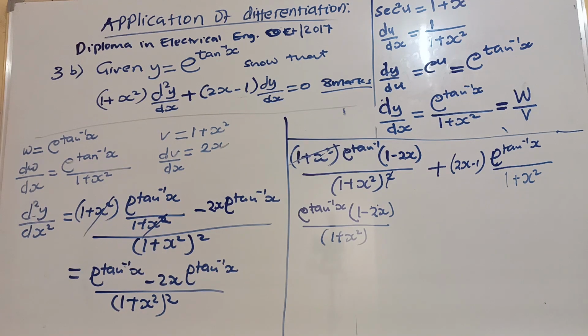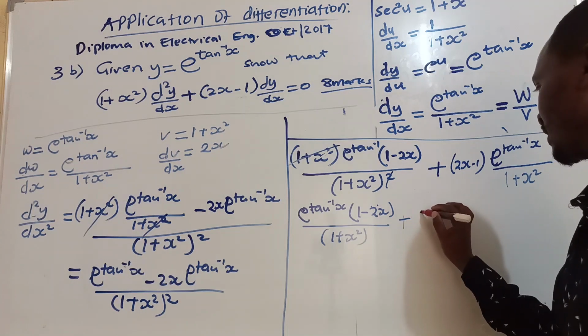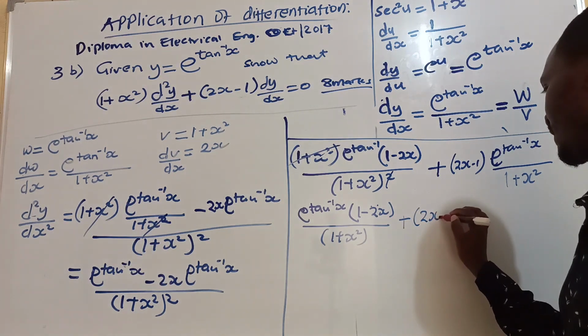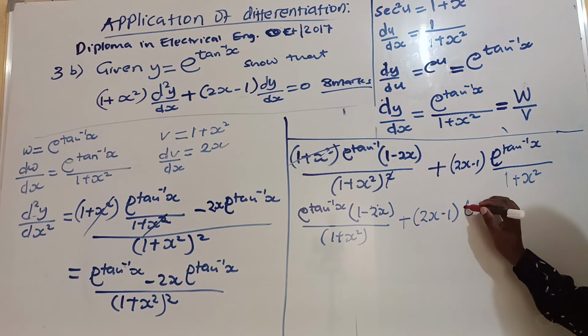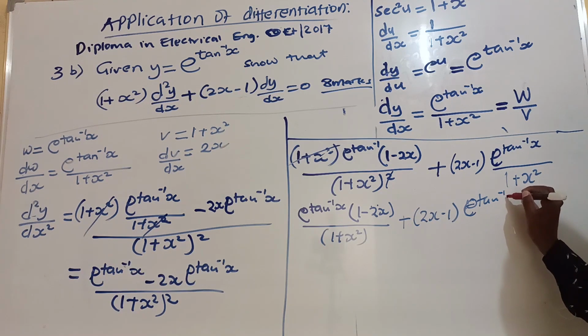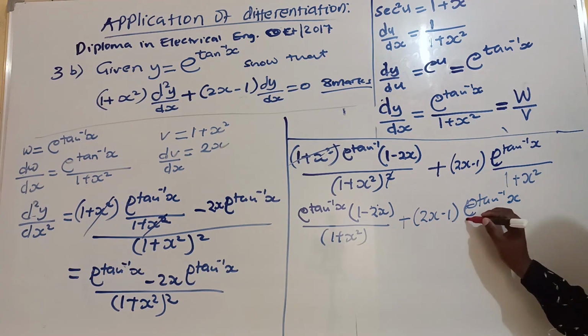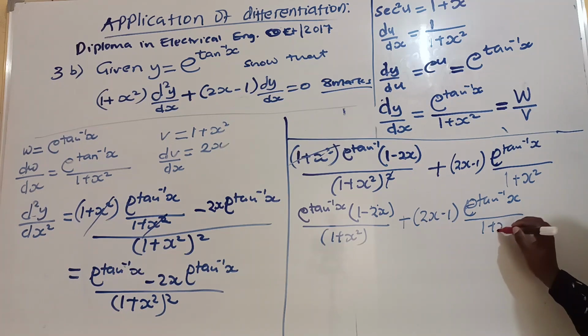Someone might get confused by that mistake, so it's good we correct it. So now plus 2x minus 1. Here there is nothing we are changing, we are just writing it. Exponential tan inverse x all over 1 plus x squared.